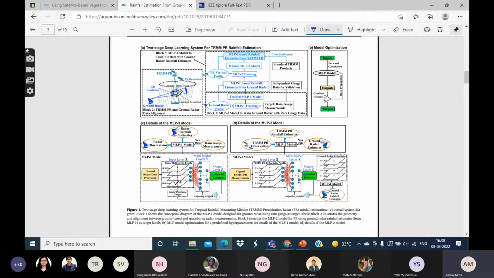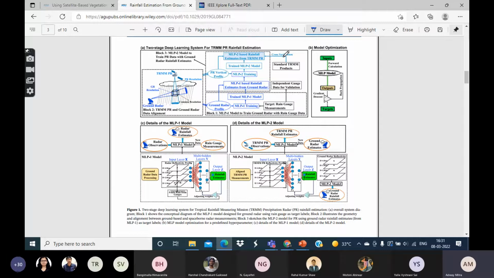For the second neural network, the input is the vertical profile images from the spaceborne radar, and the output is the spatial map of the rainfall which they got from MLP1. This way MLP2, the second neural network, which is also a multi-layer perceptron, is trained.